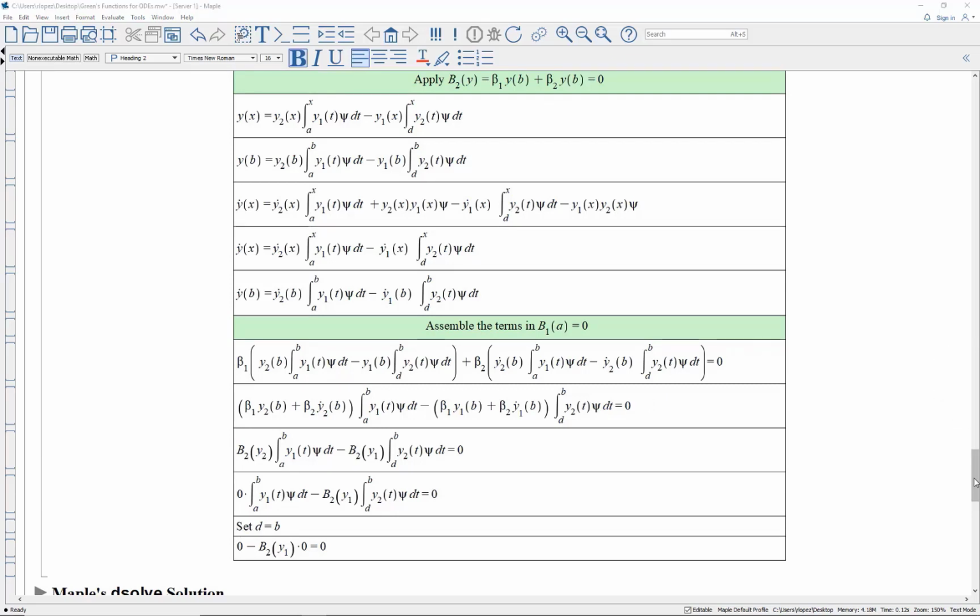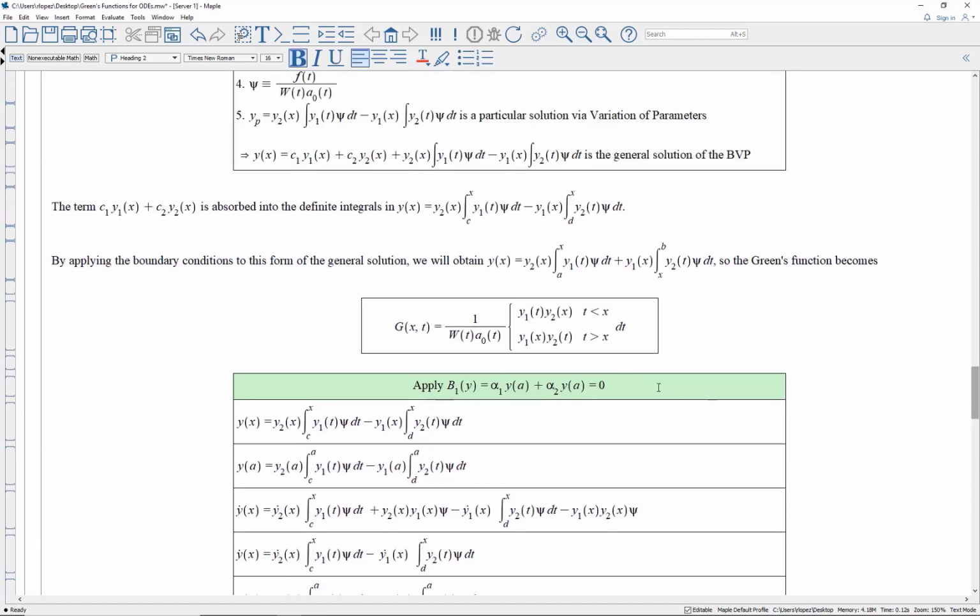So if we now go back to this line right here, where we have a to x and x to b, we see why this splits when you are integrating with respect to t. When t is less than x, it's in this region between a and x. You are here, and so you get y1 of t, which is this one, and y2 of x, which is this one.